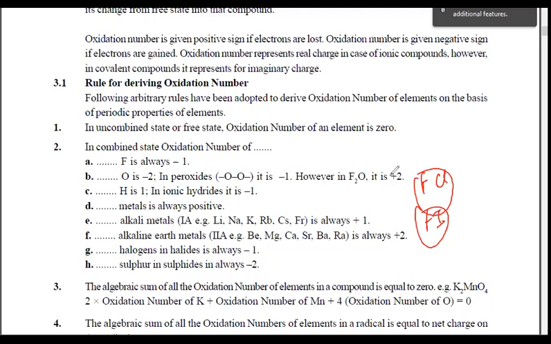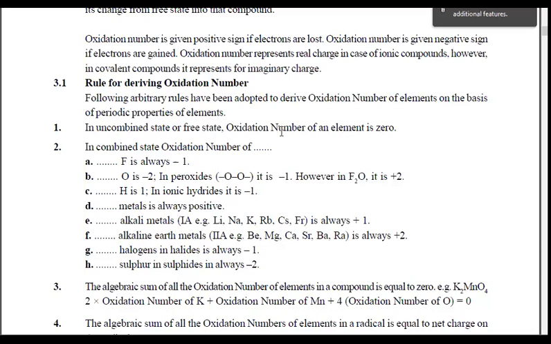I'm not talking about FCl kind of thing. Obviously there will be exceptions like FCl, in which it is F minus and Cl plus, but we are just talking about the general term. Halogens are positive only when attached with highly electronegative halogens. The same can be said for sulfur, but it is not your general reaction.